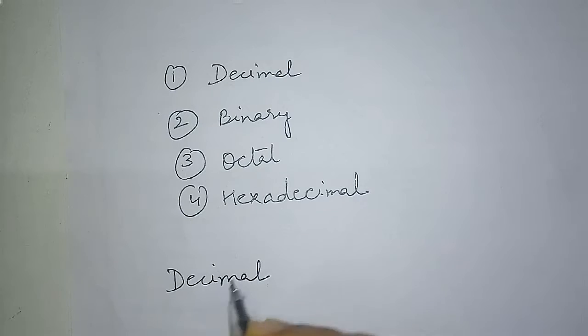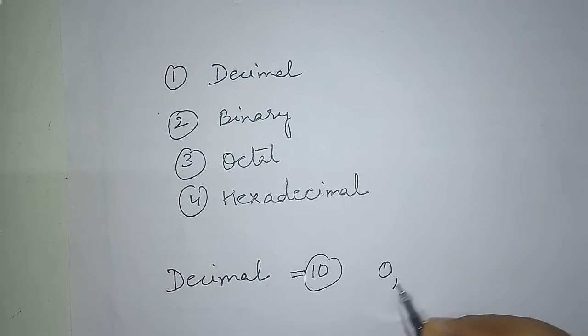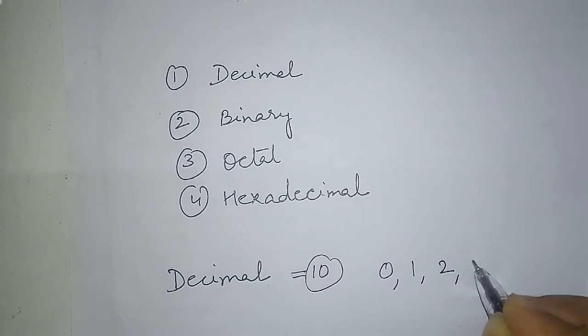The decimal number system is the most commonly used number system. It is one of the earliest number systems, based on 10 symbols, which are 0, 1, 2, 3, 4, 5, 6, 7, 8, 9.